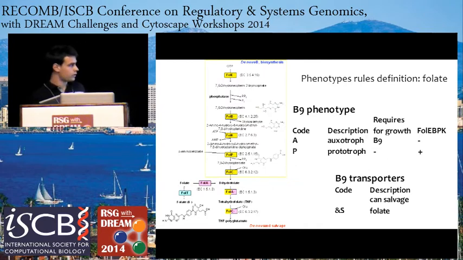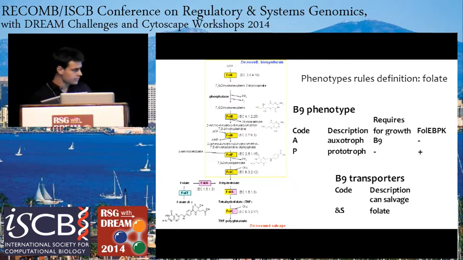So this slide shows a simple example of a biosynthetic pathway. It's the biosynthetic pathway of folate, and it consists of a few sequential reactions, and one of the intermediate compounds can be transported into the cell. So downstream genes are required for both prototrophic and auxotrophic organisms, and the unique property of prototrophic organisms is the presence of upstream genes.